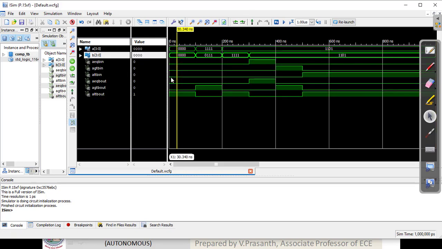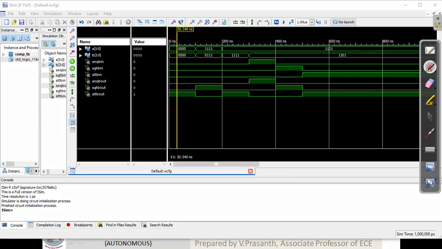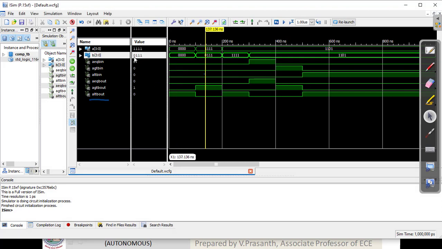If you check, by default when both are equal, it is saying A less than B is active. Now in the second instance, we have A as 15 and this one as 7, so obviously the A greater than B output is active.